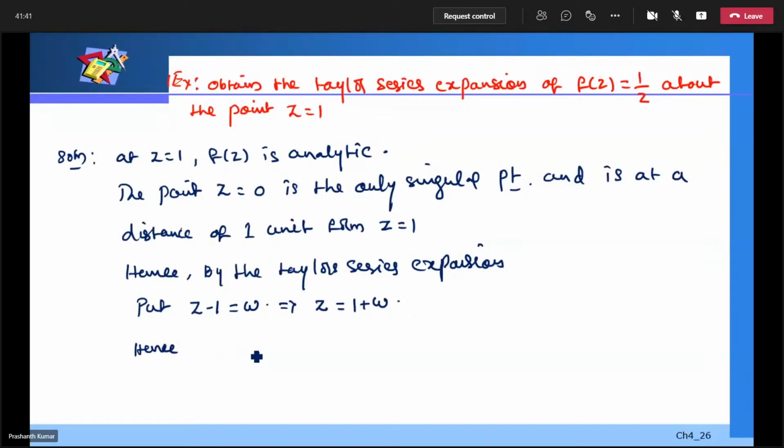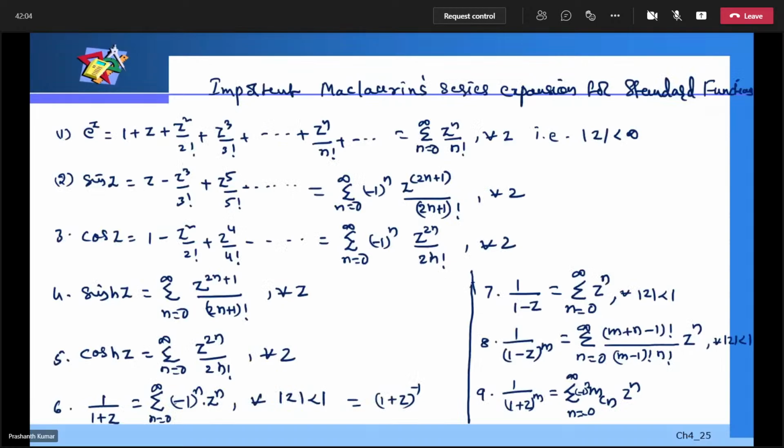Hence f of z becomes 1 by z, that is equal to 1 by 1 plus w. So can I write like this: 1 plus w all to the power of minus 1. Now you see the expansion of 1 plus w whole to the power of minus 1 here. This is the 1 plus z, 1 minus z all to the power of minus 1 expansion.